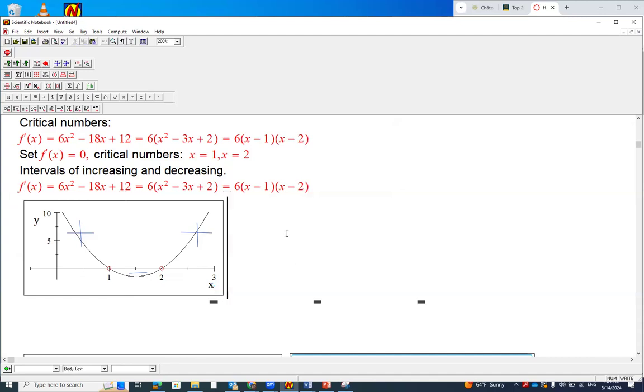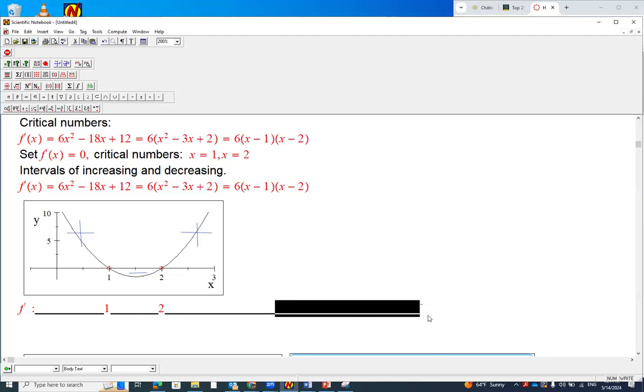I'm going to draw the following picture to make it easier for you to see. For the derivative, this is a number line. There's a point which is 1, and a point that is 2.